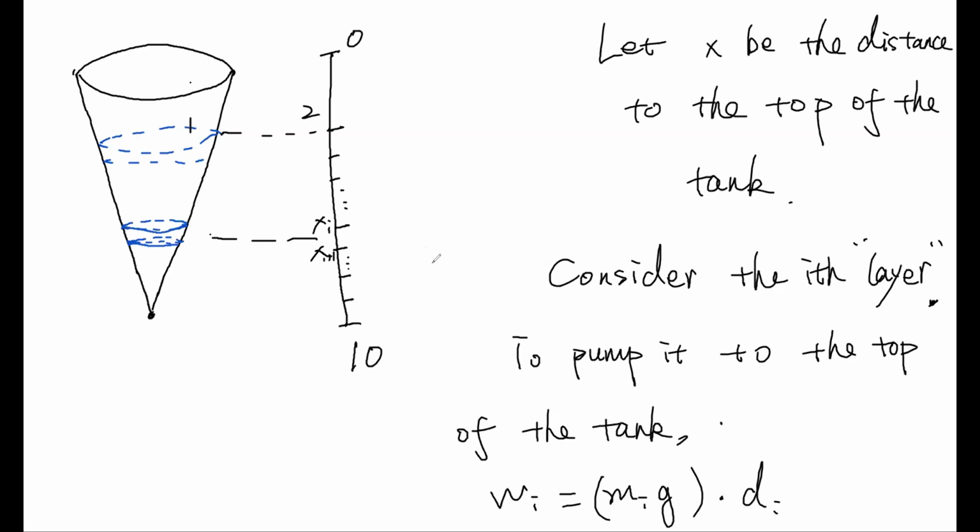The distance that this layer travels is simply xi, or xi star: if you pick any sample point between xi minus 1 and xi, the distance traveled to the top of the tank is given by xi star.